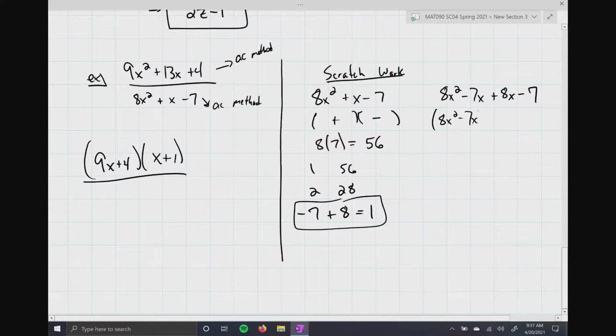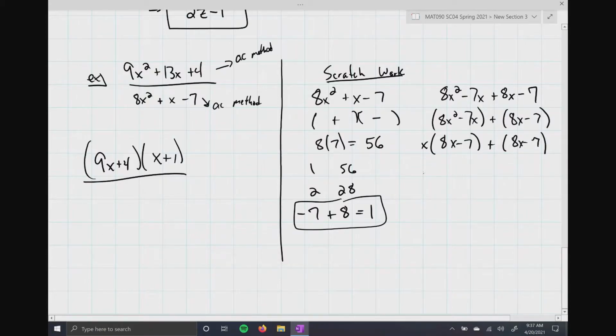So we'll group the first two terms and the second two terms. Now I look for the GCF for the first group. That's definitely going to be an x. The second group does not have a GCF, and that's okay. I know all of my work is correct because the binomials match.